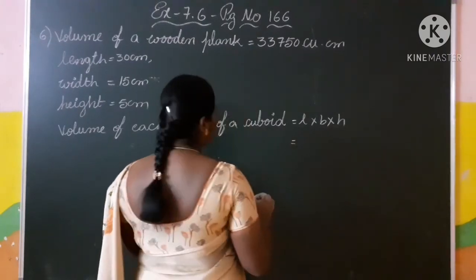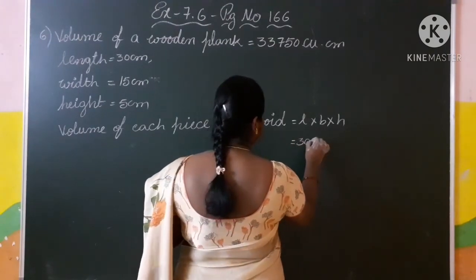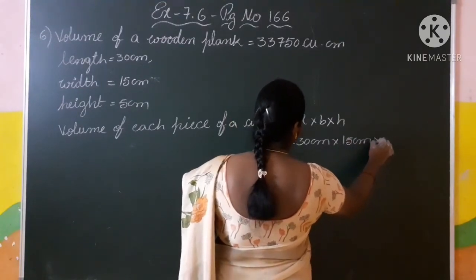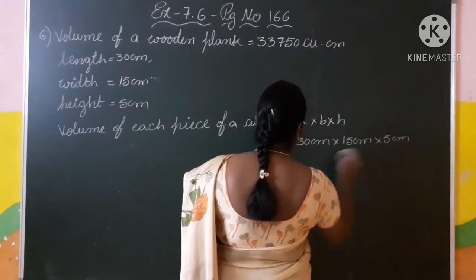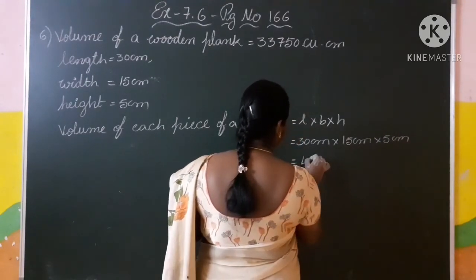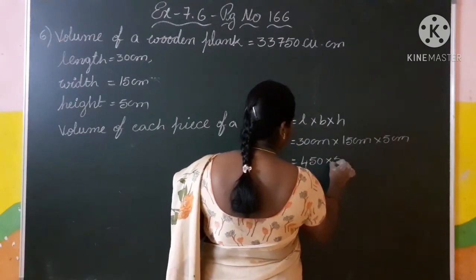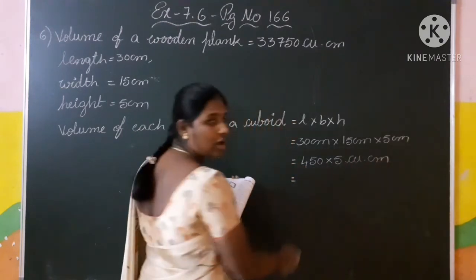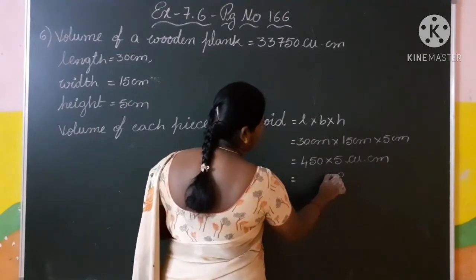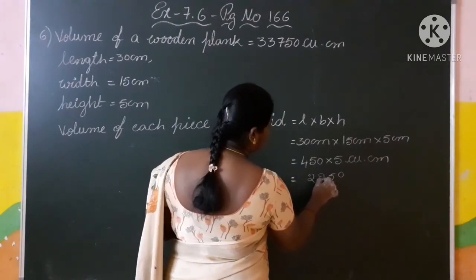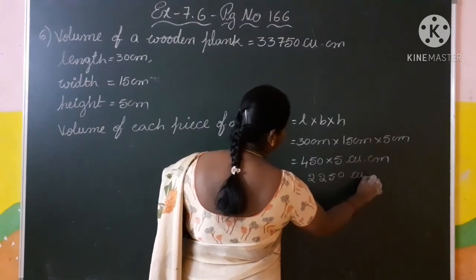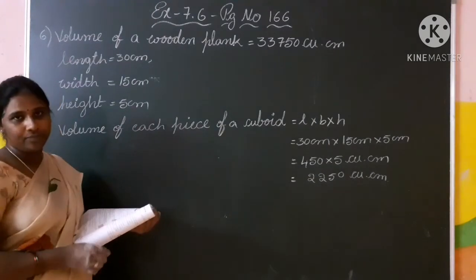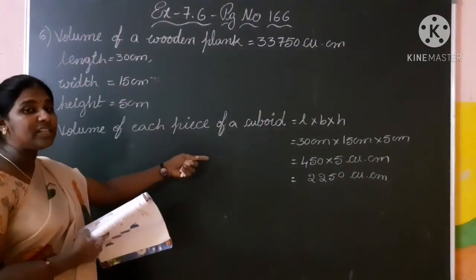So it is 30 centimeters into 15 centimeters into 5 centimeters. 30 15s are 450, into 5. 5 5s are 25, 5 4s are 20 plus 2 is 22. So 2250 cubic centimeters is the volume of one cuboid.